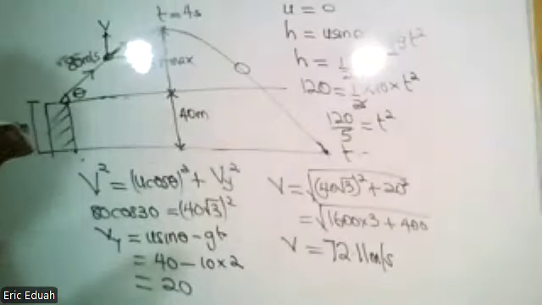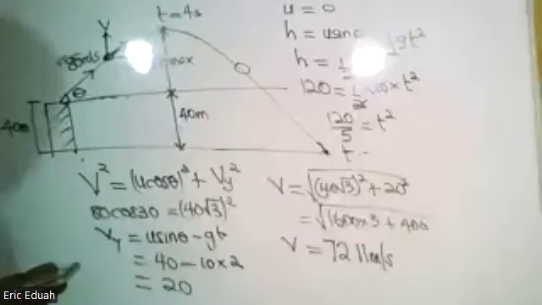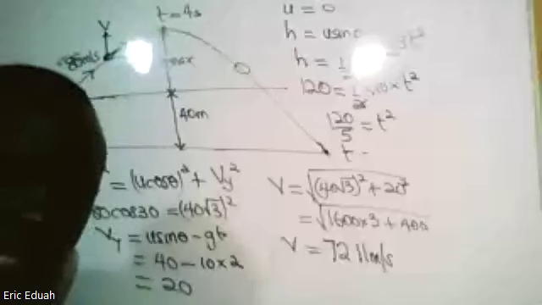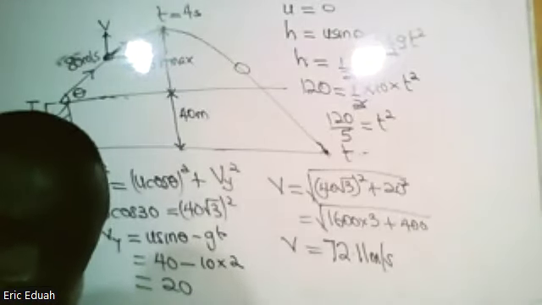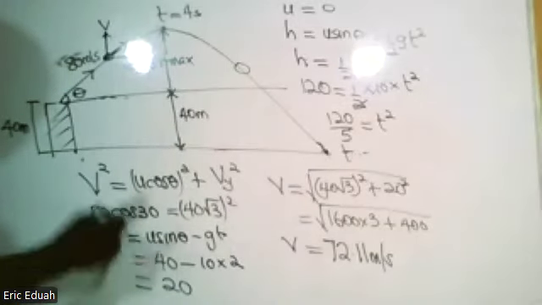So this is the velocity of the body after time t equals 2 seconds. You need to be very, very careful. If the question had been, what is the vertical velocity after a time of 2 seconds, we are going for this one, the vertical velocity.